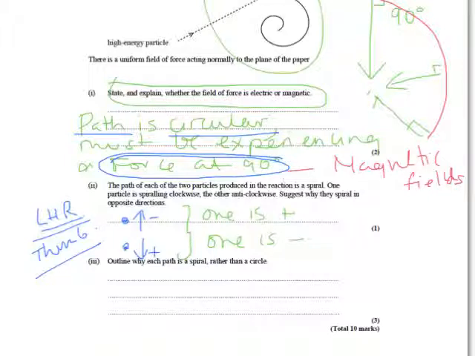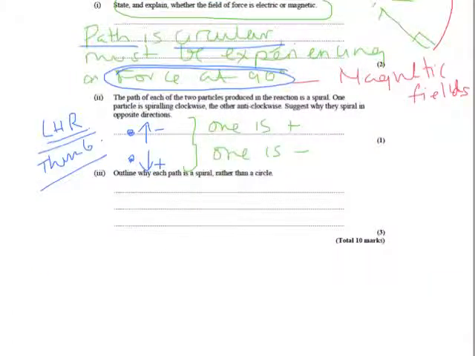The next question requires you to do a lot for 3 marks, but again, this question does come up a lot, so it's worth looking into. Outline why each path is a spiral rather than a circle. Now, a perfect situation would be a circular path. Okay, and just like with many, many areas in physics, there is always going to be some kind of energy loss.